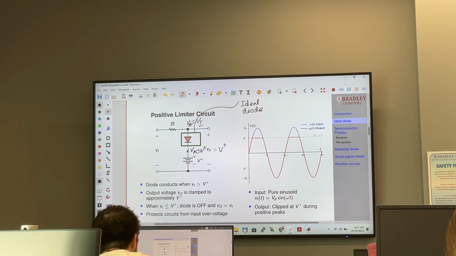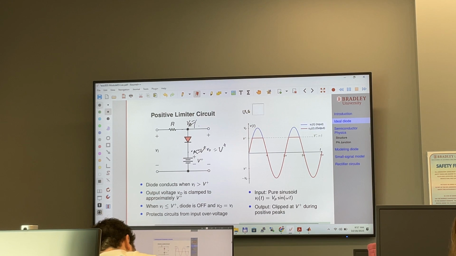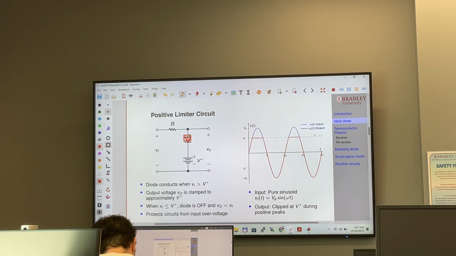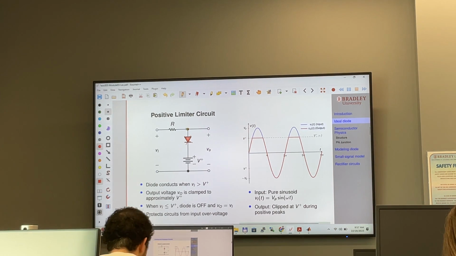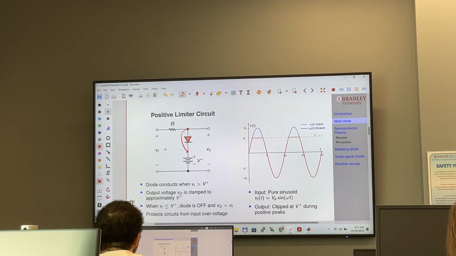When the diode conducts, you can just think of this diode as a piece of wire, when Vi is greater than V plus.